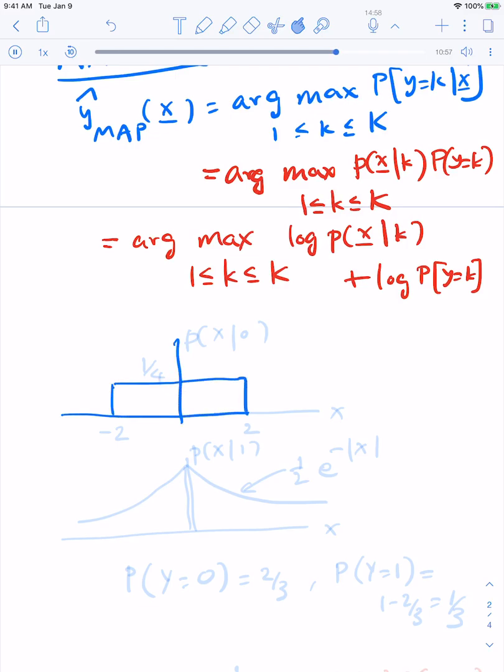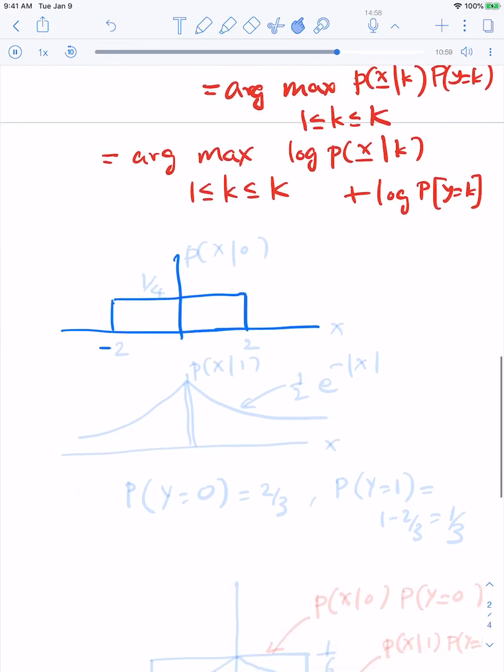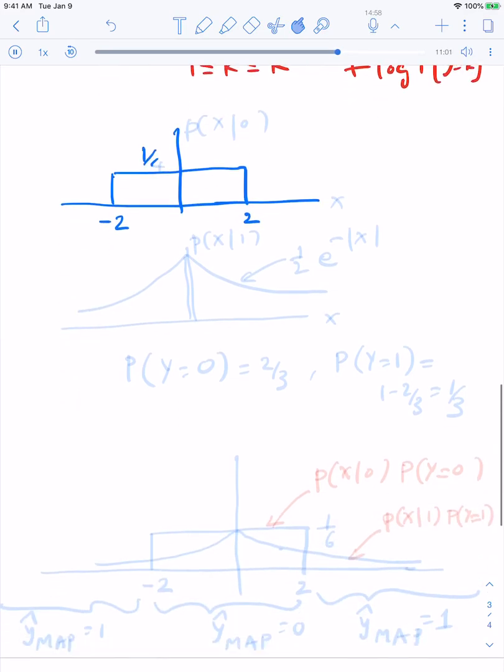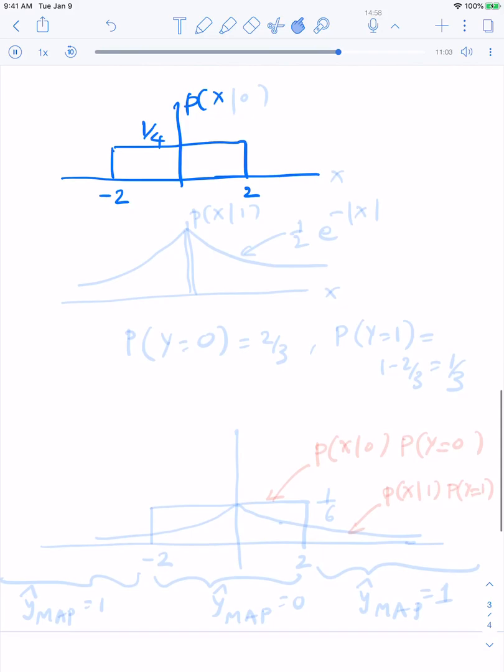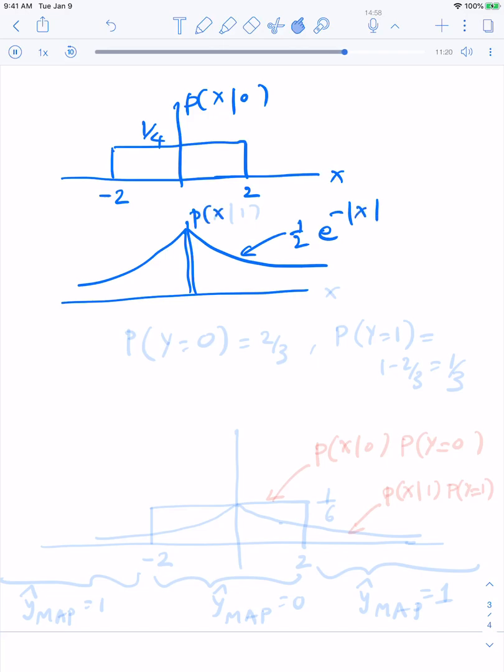One of them was a uniform from -2 to 2. This was P of x given 0. And the other one was exponential, Laplacian, basically a symmetric version of an exponential, which looked like so. This is my P of x given 1.